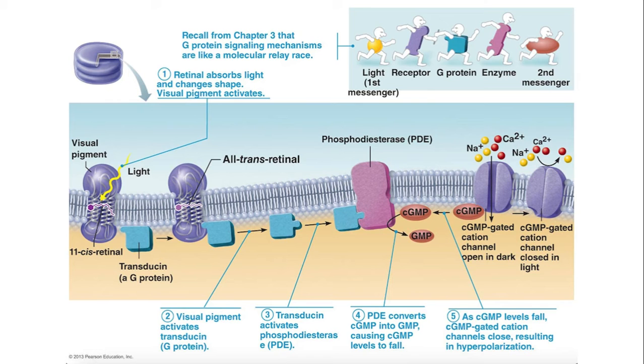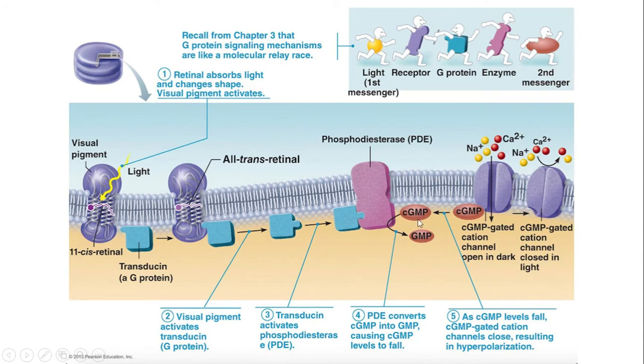So that's what occurs in the dark. Now, what happens in the light? Well, in the light, this whole mechanism becomes activated, right? Our visual pigment becomes activated because of the light being absorbed. We get our conformational change from the 11-cis retinol to the all-trans retinol. We get the activation of this transducin G protein. This activation will go and look for this effector enzyme, which is called phosphodiesterase. When it binds, it will become activated, and now it starts doing its job, right?